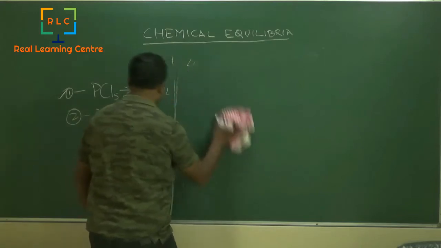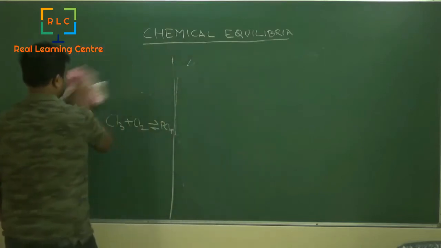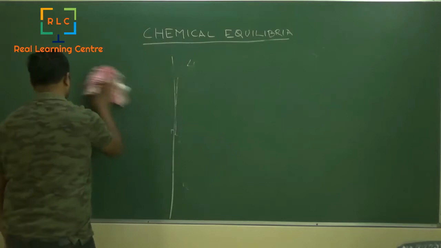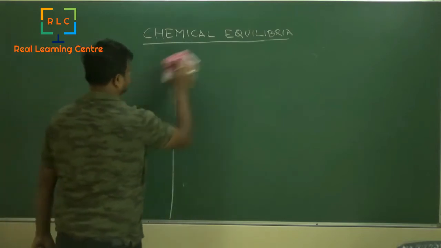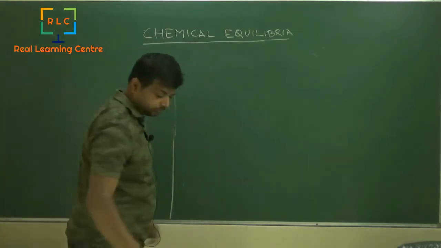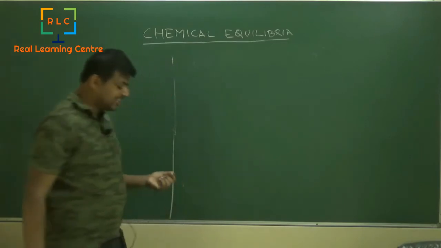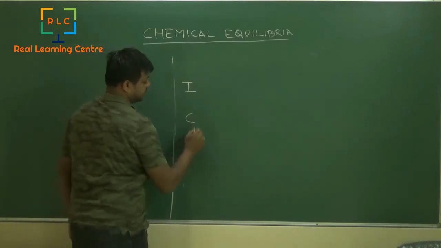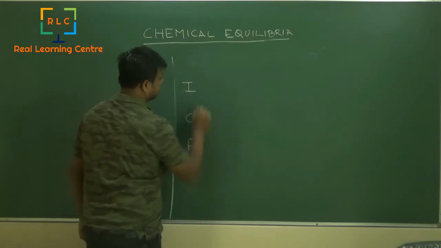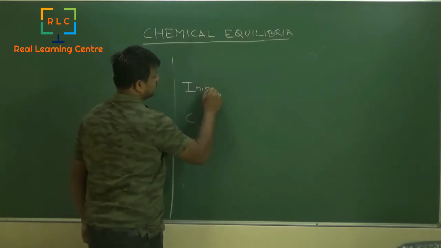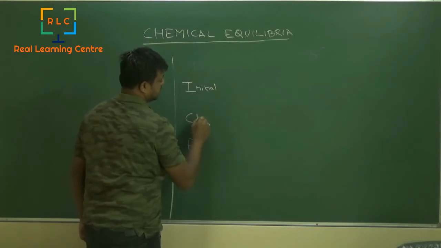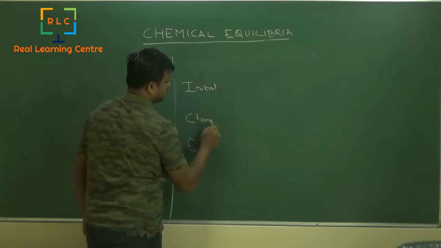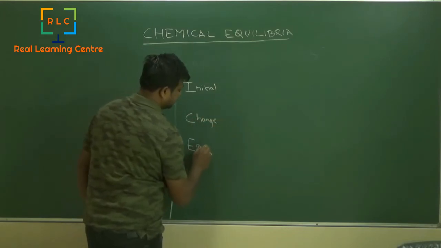Now let's look at one more thing, what we call the ICE equation or ICE box. ICE box means I, C, E. I means initial. What is the change? And what is the equilibrium?